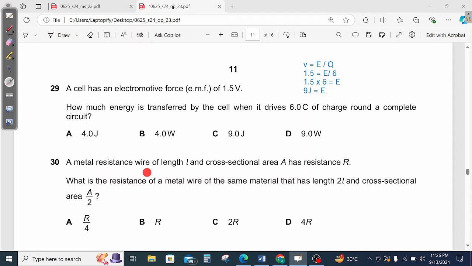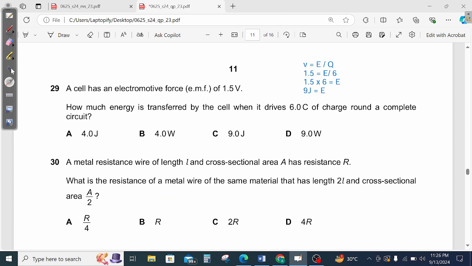The first has length L, cross-sectional area A, and its resistance is R. I will solve it on the Word file. And the same material, we have another wire which has double the length but the cross-sectional area is half. Then what will be the resistance of the second wire?